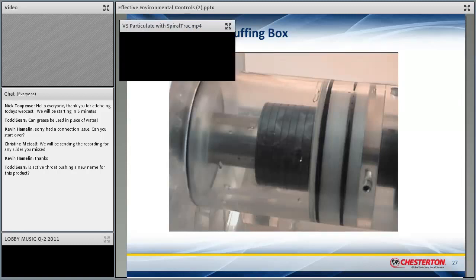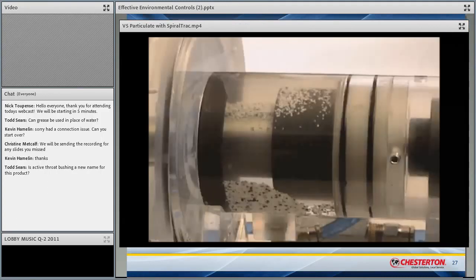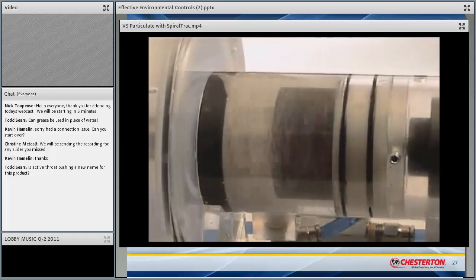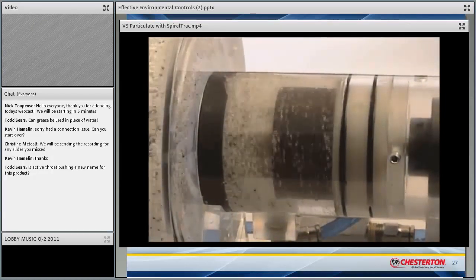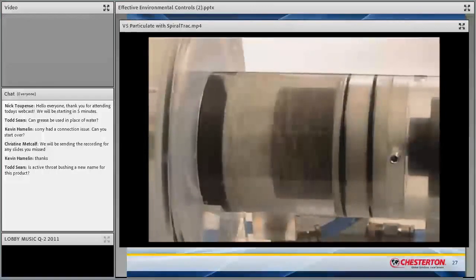If we bring up the next one. Once the pump is turned on, you see the heavier particles, the solids, are thrown to the bore of the box, and they move towards the throat bushing and are captured within the spiral grooves.